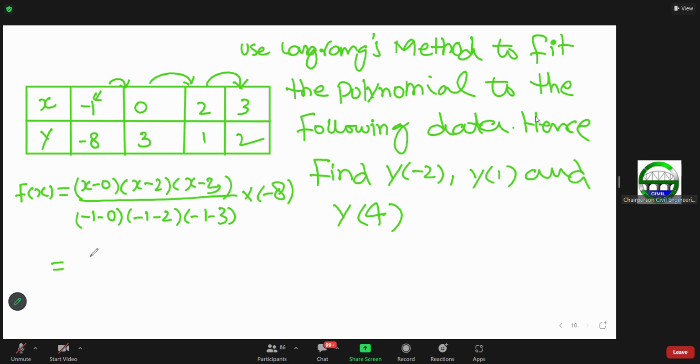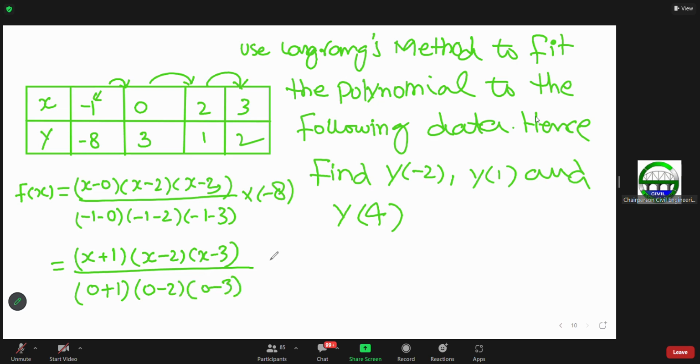So x minus 1 will be plus into x minus 2, x minus 3 divided by 0 minus 1. 0 minus 1 will be equal to plus 1, and then 0 minus 2, 0 minus 3, into 3, right?